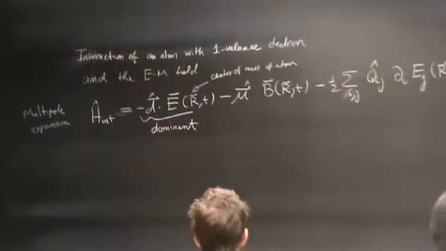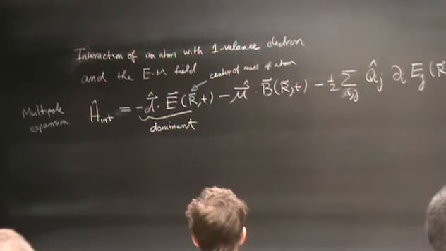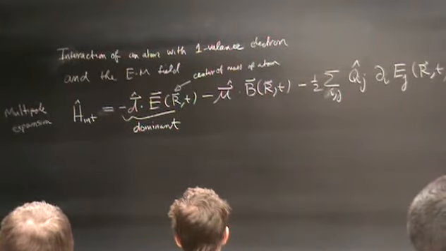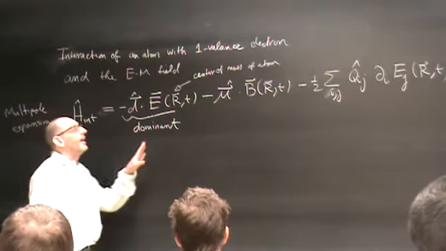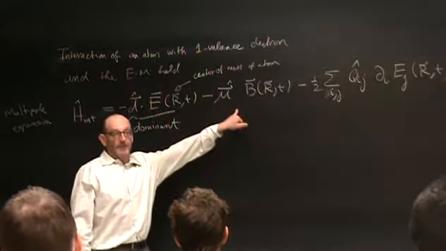E and B are classical fields. But isn't mu dot B the lowest order magnetic term? Well, if this is non-zero, this will dominate over that.